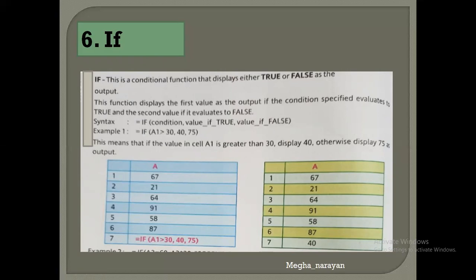That simply means if A1, in this case, satisfies the given condition, like 67 is greater than 30, the true value will be printed, 40 will be printed. If that is not the case, the value is not greater than 30, 75 will be printed. So in this way, the IF function is used, providing you the value of the conditional function.